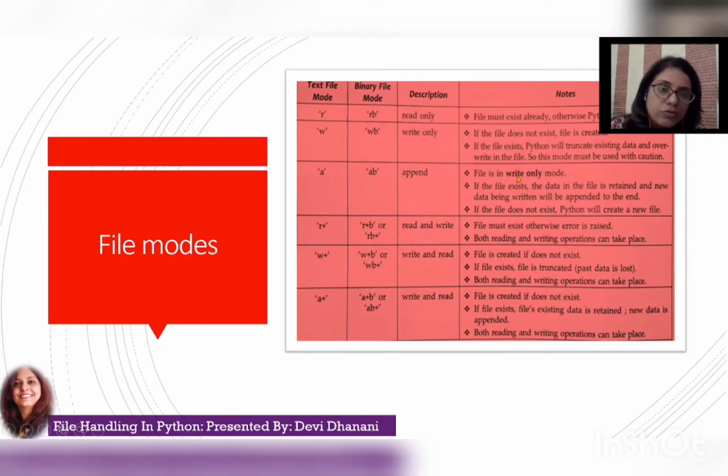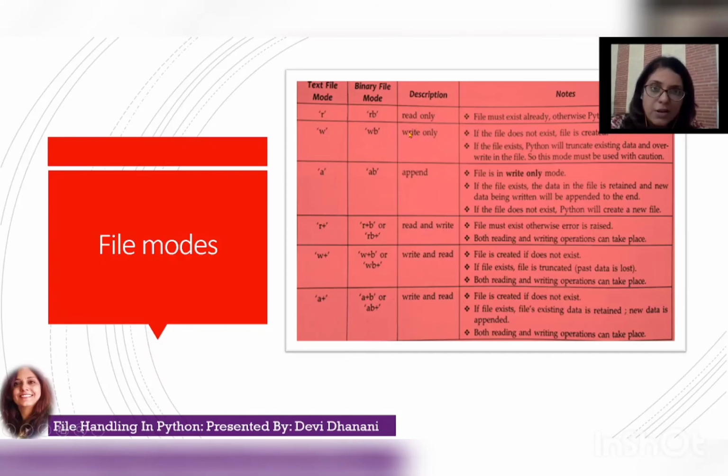So to open the file in write only mode, if the file exists, the data in the file is retained and new data is written, right? If the file does not exist, Python will create a new file. But if we try to open a file in read mode and if the file does not exist, the Python interpreter is going to raise an input output error.